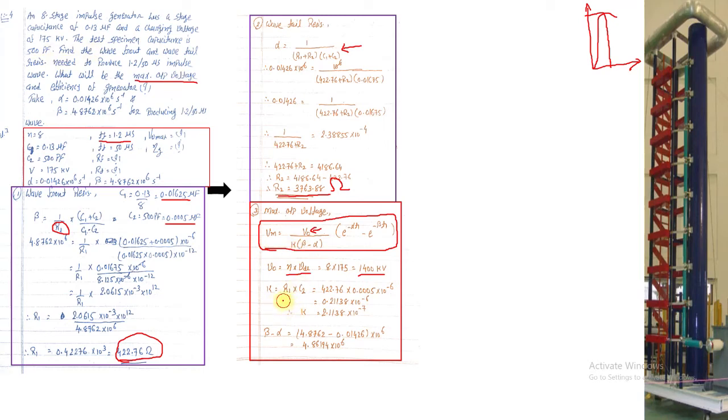K is the multiplication of R and C, so R1 into C2. So R1 is wavefront resistor and C2 is a load capacitor. So K value is calculated as 2.1138 into 10 raised to minus 7. Okay, the unit of course is second. Beta minus alpha will give 4.86194 into 10 raised to 6 second inverse.